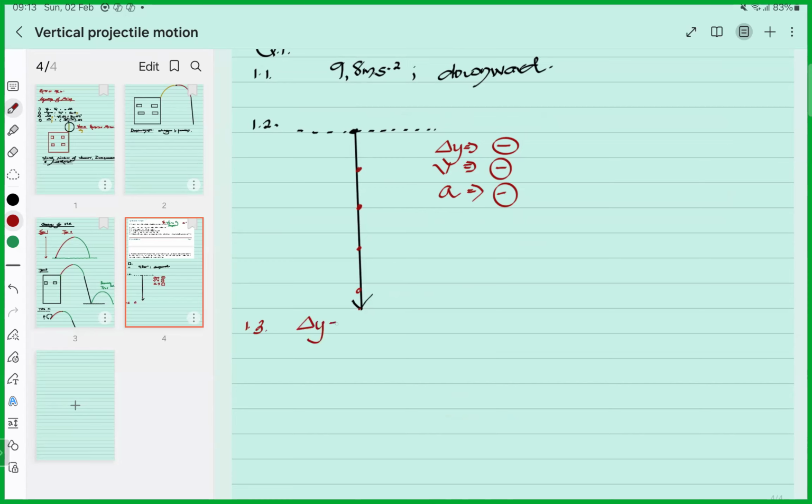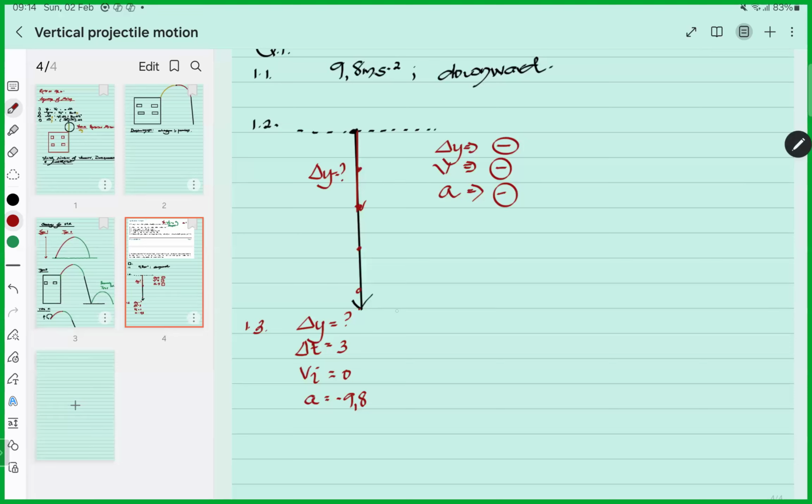So we're going to find the displacement that it falls in a time of 3 seconds with an initial velocity of 0 and an acceleration of minus 9.8. That means after it's gone down 3 seconds, we're going to work out our delta y, which is our displacement. But your displacement is actually your distance without a direction.